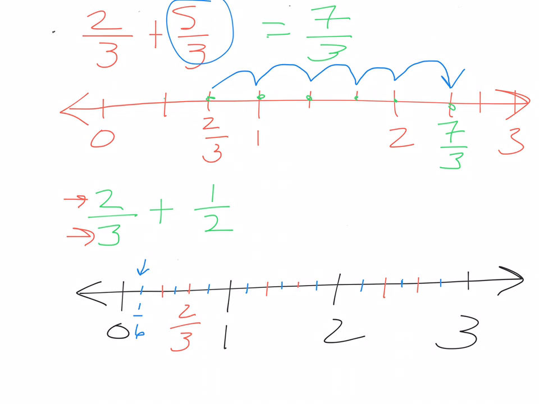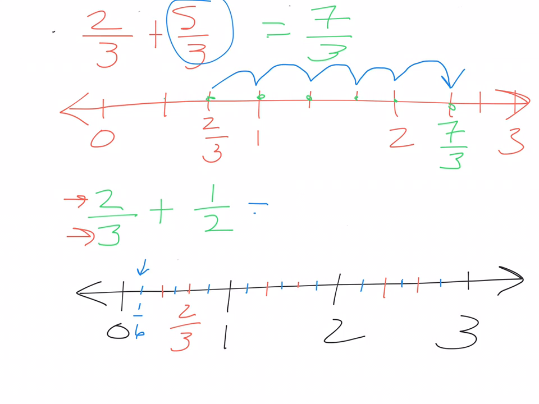So now, how much is 1/2? How many tick marks do I have to go in the sequence of 6 to count off 1/2? 1/2 is equal to, in the sequence of 6, 3/6. So let's write that down.